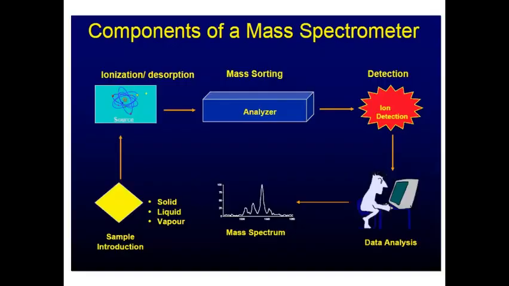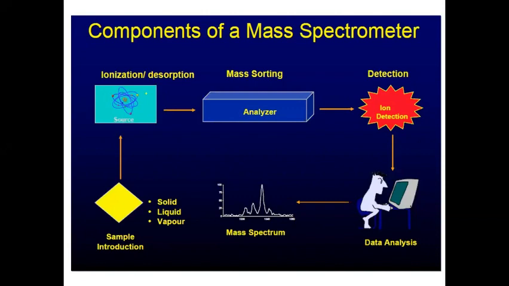Then we have to understand the different components or parts of a mass spectrometer, which is used to determine the molecular mass of any molecule. Using a mass spectrometer, we can determine the mass of any chemical substance present in a water sample or biological sample like blood, urine, or food samples.